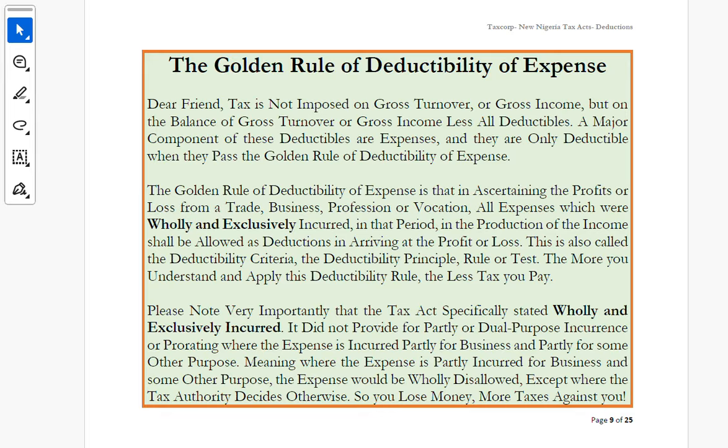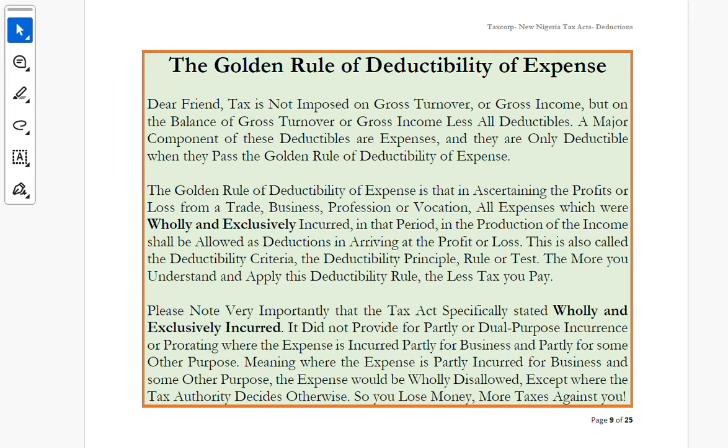Because before you can reduce your tax and increase your expense, you have to understand how an expense is deducted. You must understand the basic rule, the golden rule that regulates deductibility of expense.